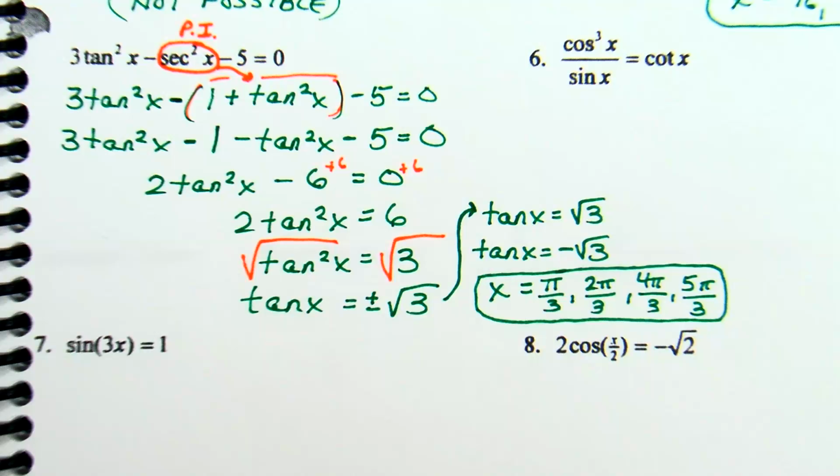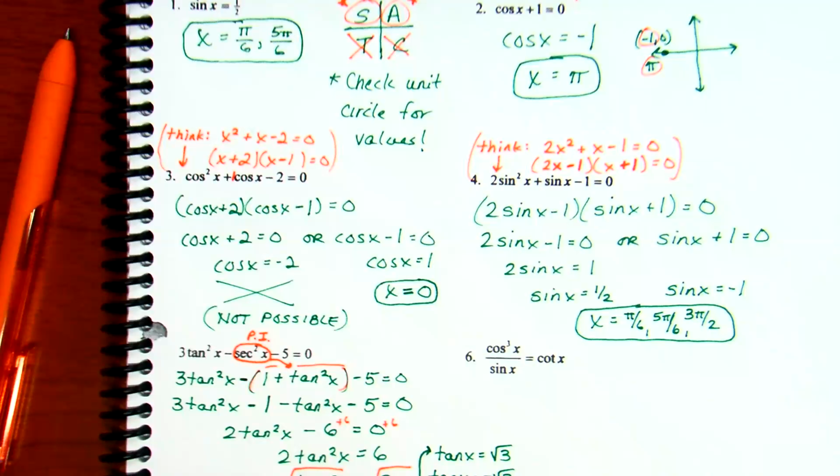Okay, did that answer the question, Shelby? Levi, what are you asking about? Oh, okay. I mean, you're looking at when is tangent equal to positive square root of 3. If we think about, I'm trying to think the best way to do this. All Students Take Calculus, right? So here, tangent's positive in quadrant 1, and it's also positive down here in quadrant 3.